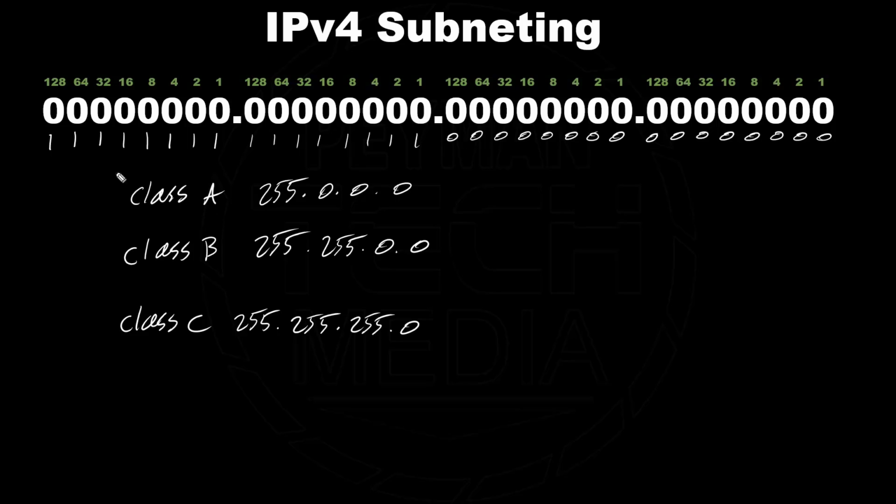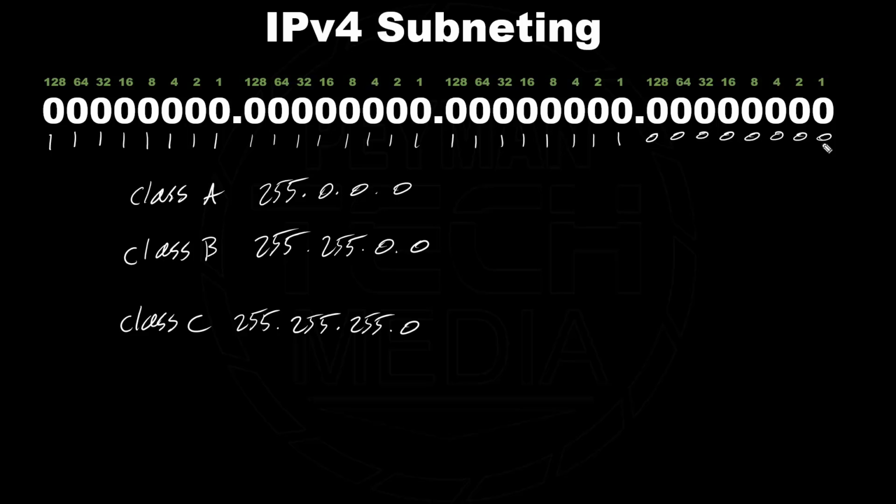So this is an example of the Class B default subnet mask, 255.255.0.0. And for Class C, let's erase all this and add. We have 24 bits for network and 8 bits for host. That's a total of 32 bits.